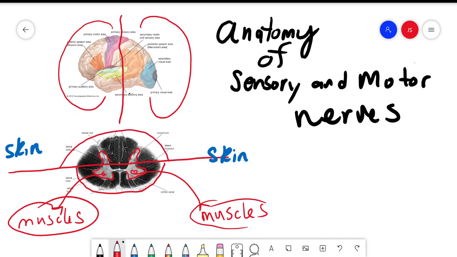So sensory neurons come, let's say, touch, for example. We touch something. So we have a sensor sending a signal to the dorsal horn. Same thing. We touch something, we send a signal in to the dorsal horn, where we have the synapsing of sensation.